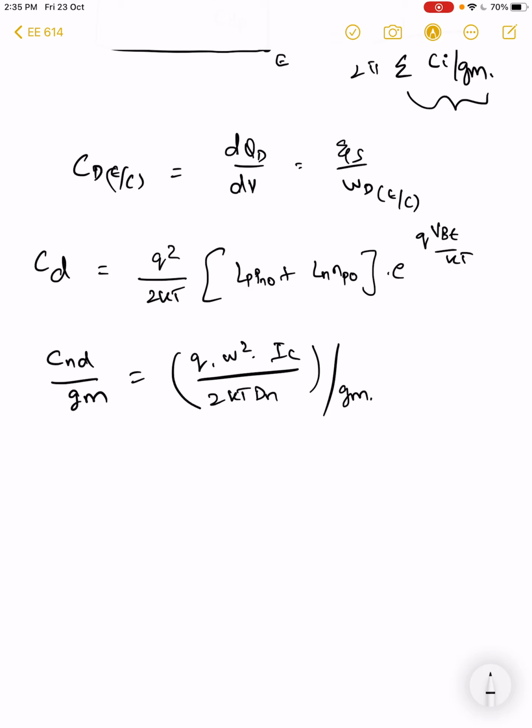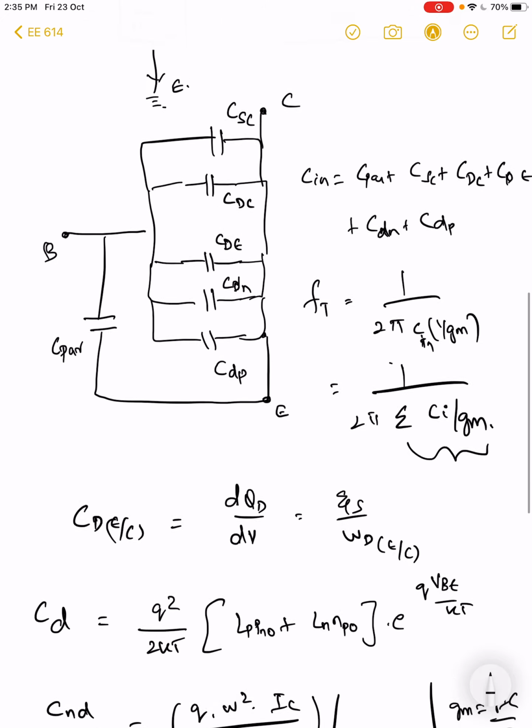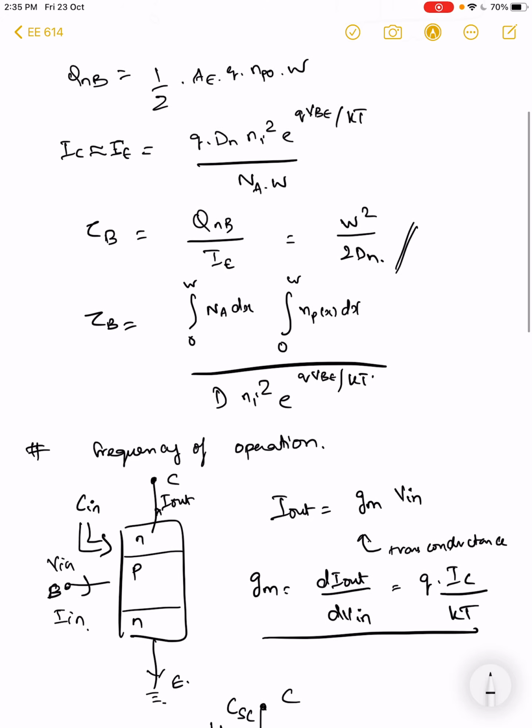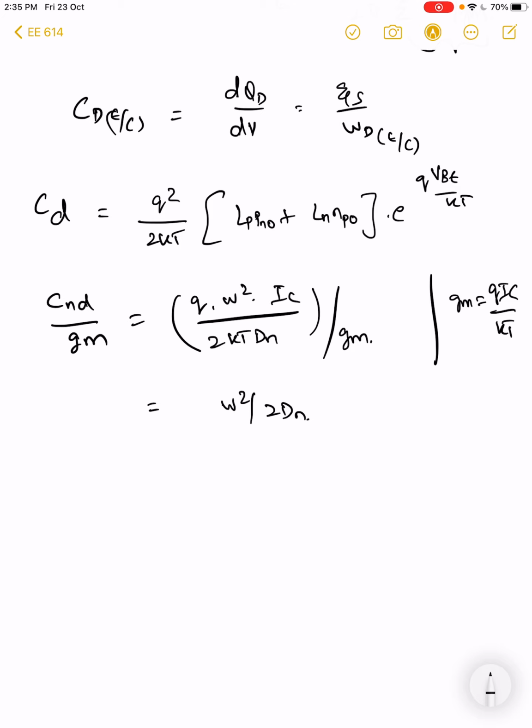And Gm, we previously found to be q Ic by kT, and if I replace them, it will turn out to be W square by 2 Dn. I would like to remind you that this is the same as the W square by 2 Dn that we saw when we calculated the base transit time. So this is the transit time. This is the capacitance dominated by the diffusion current.